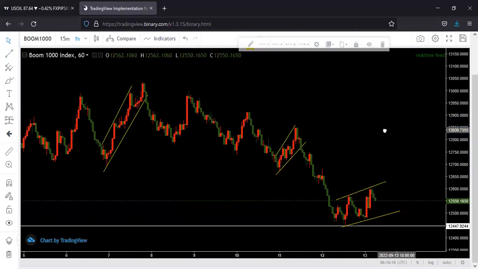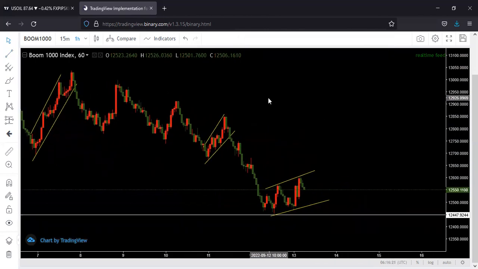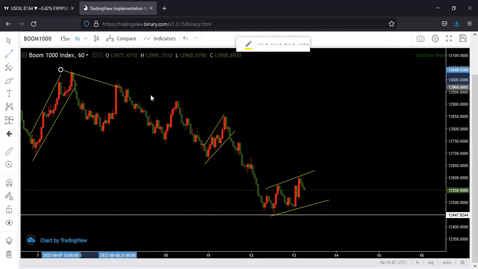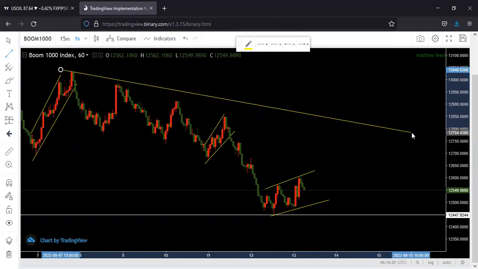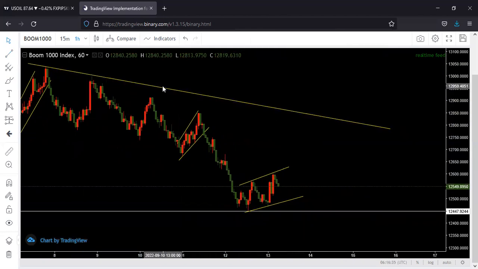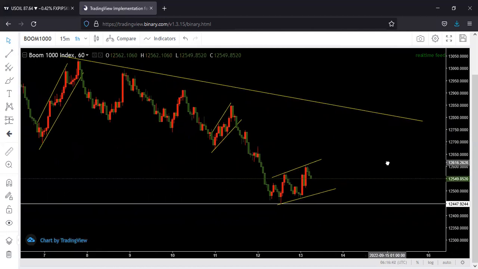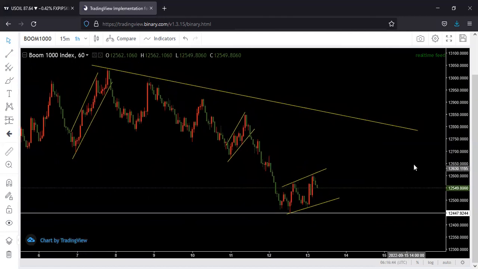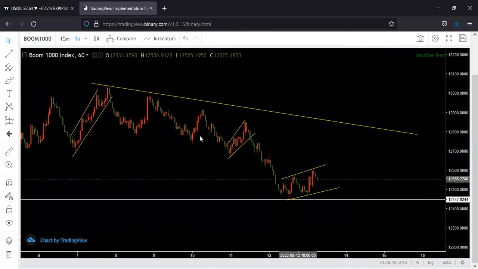So what are we expecting now? Maybe this price can go like this. So let me try to draw my trend line from this point to this point. All right. So now I will adjust again. So our first point, we shall be looking at this price. It can break to the downside.